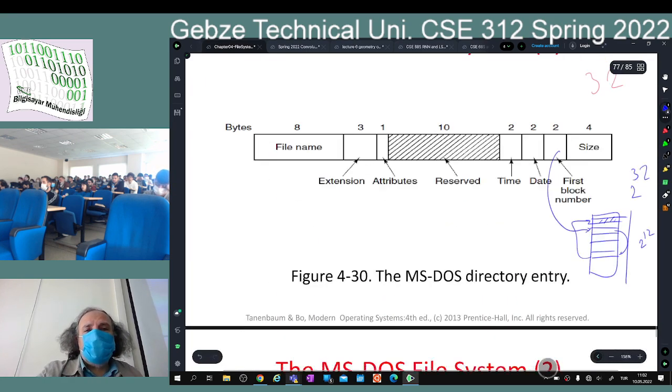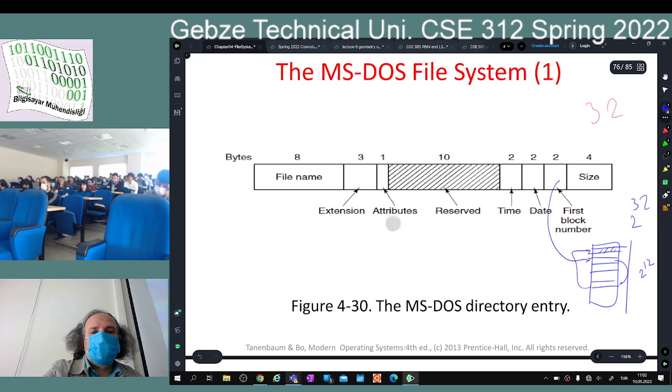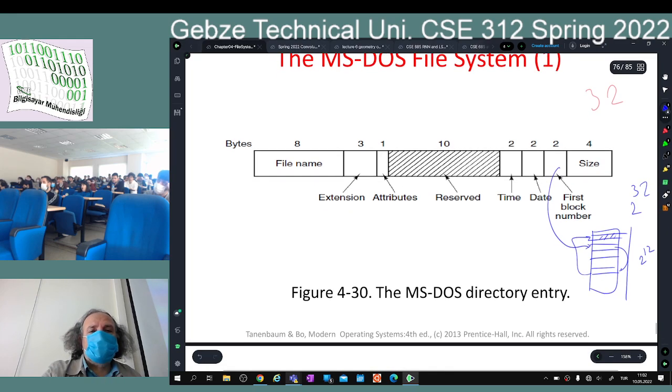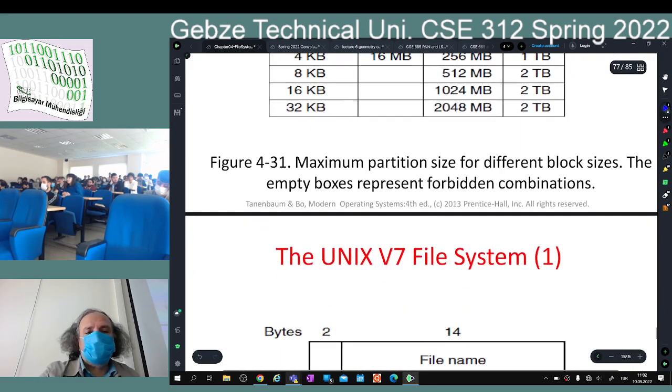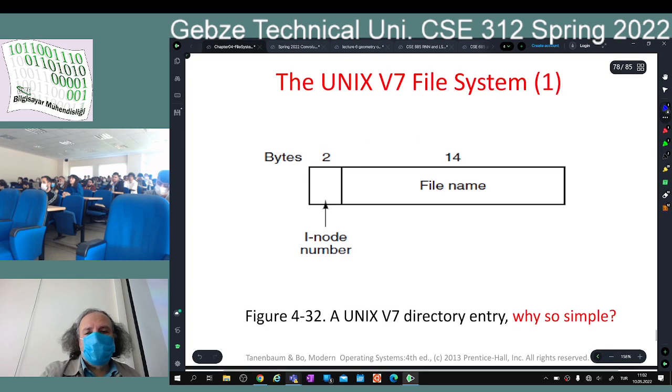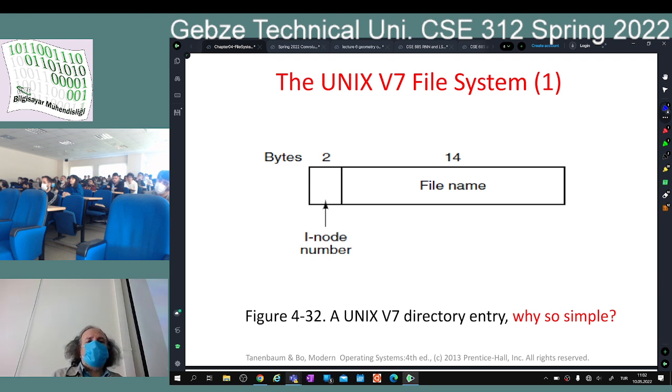We don't have anything like attributes, time, date, size, and the user information. This is so simple. Why is it so simple? Don't we keep those kinds of attributes, metadata about our files in Unix?